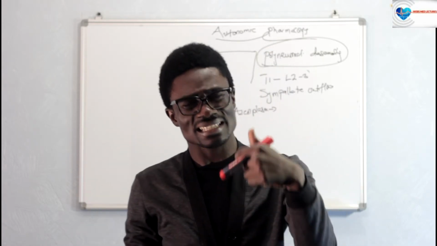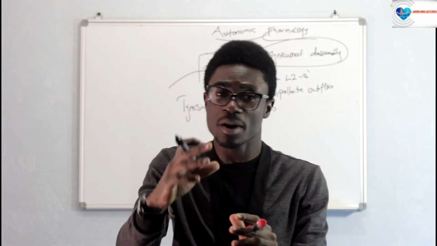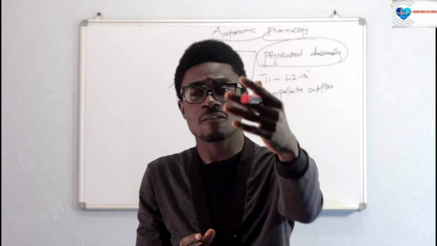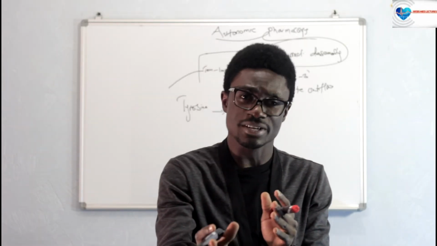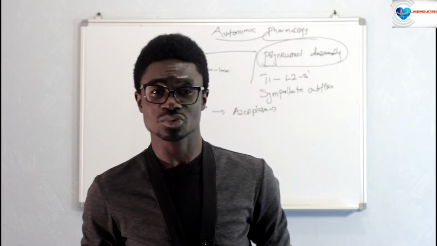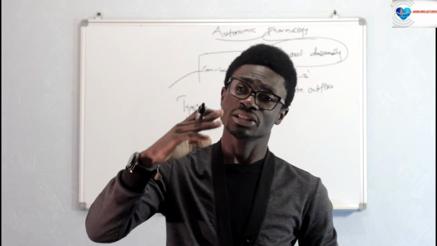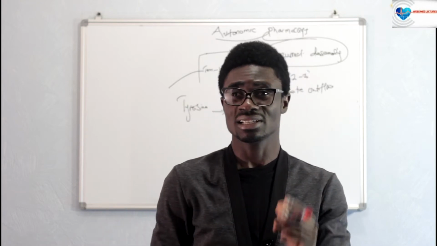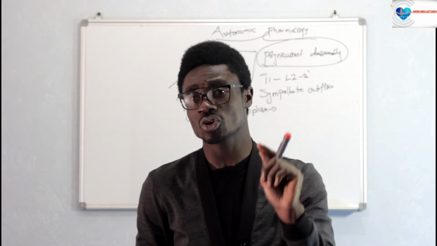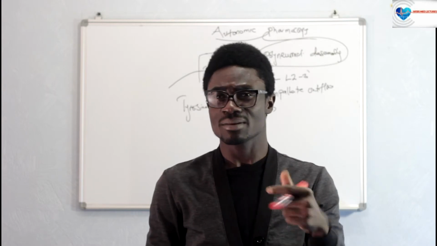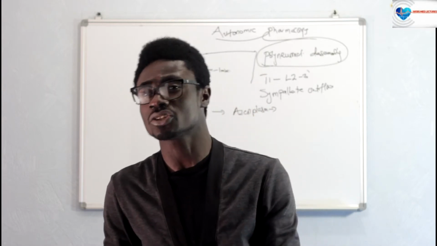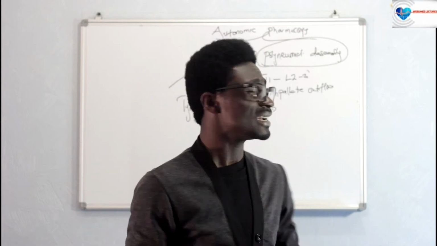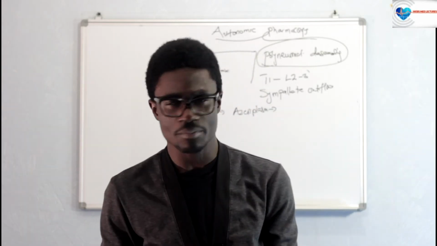Inside the vesicles, dopamine gets converted into norepinephrine by an enzyme called dopamine beta hydroxylase. This enzyme brings about the addition of a hydroxyl group on the beta carbon found on the structure of dopamine, guys.